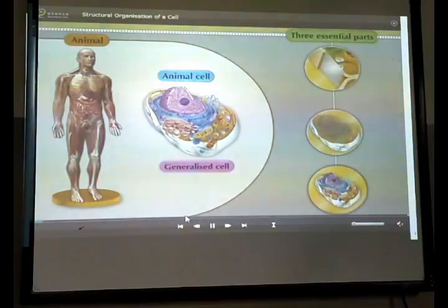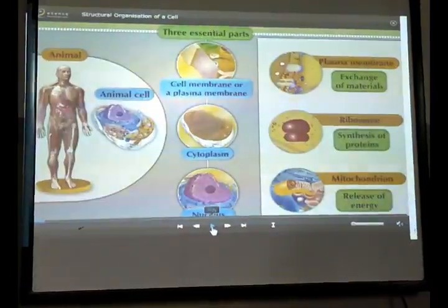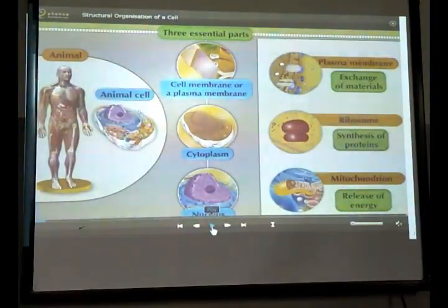Taking the generalized cell, with the animal cell as an example, we can understand the three essential parts of a cell. First the cell membrane or plasma membrane, then cytoplasm and nucleus.